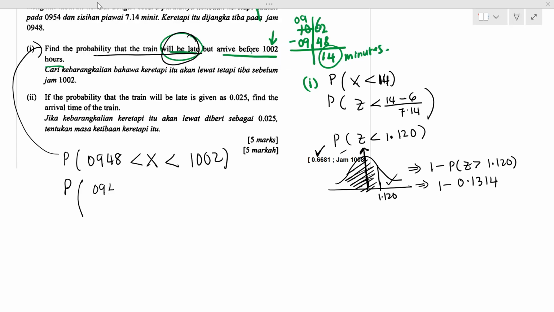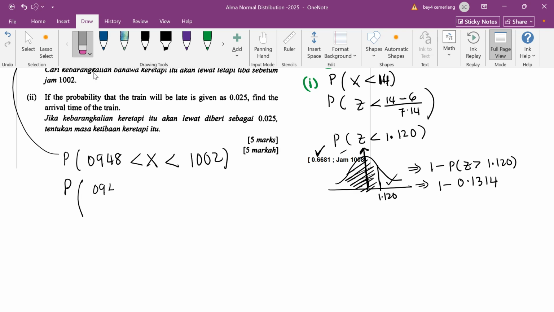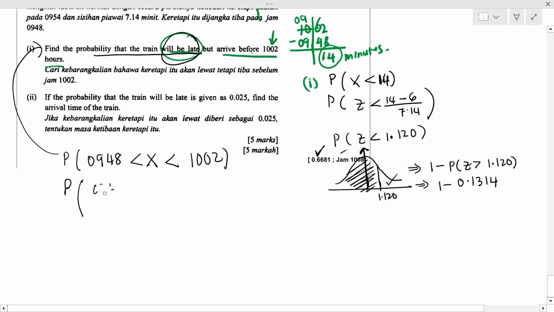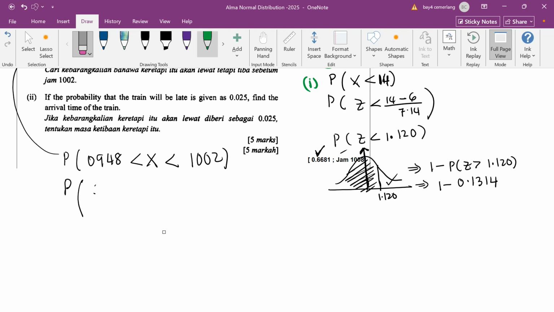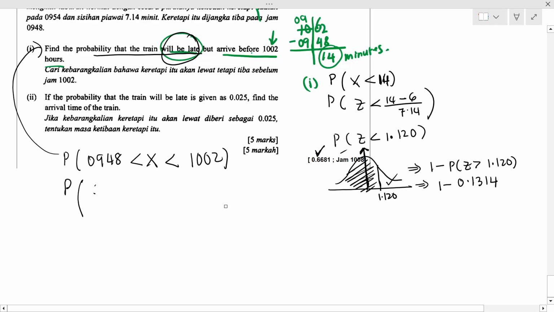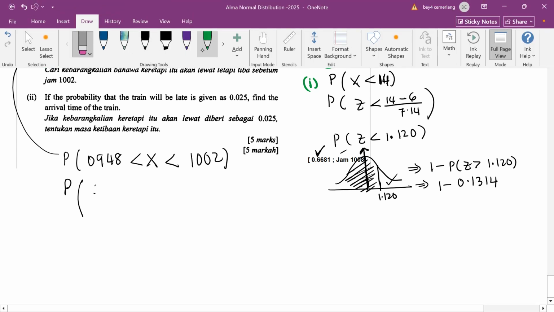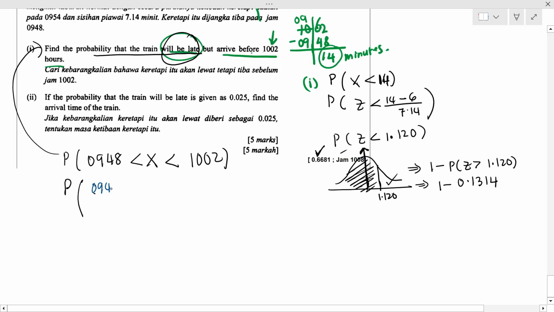Now we convert this into minutes. Okay. Now we convert this into our minutes. So where will it work? Wait, let me see.